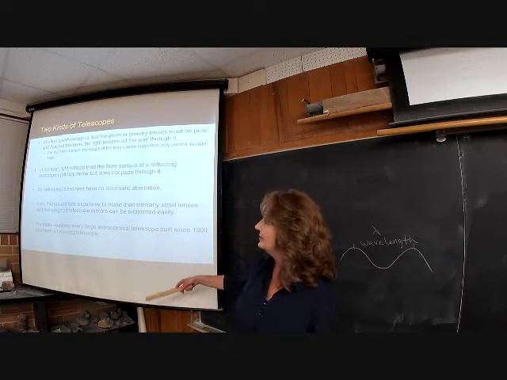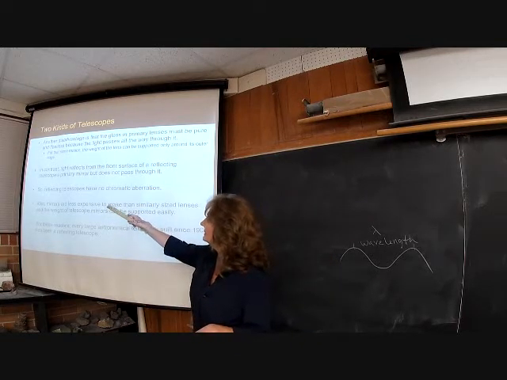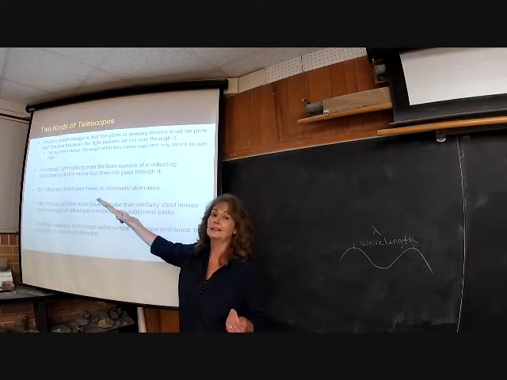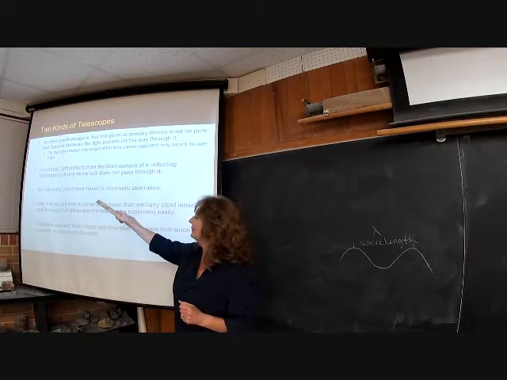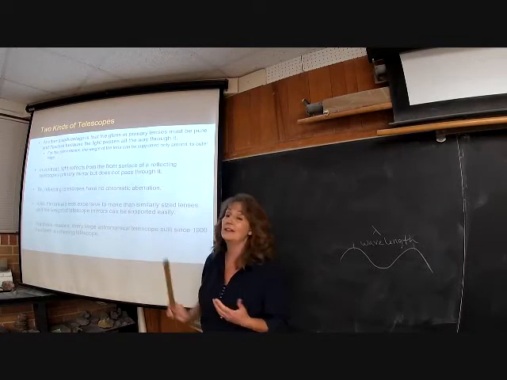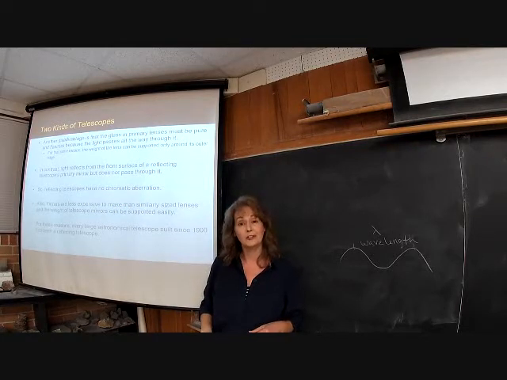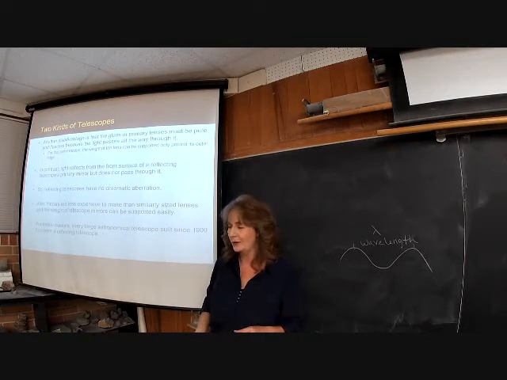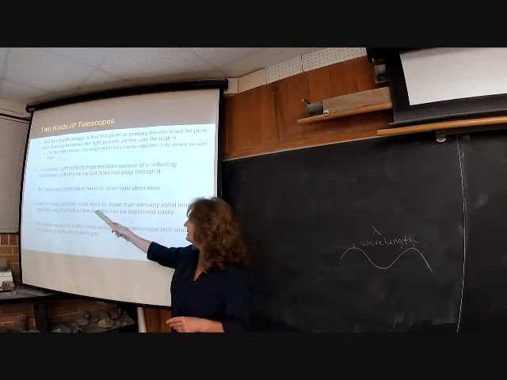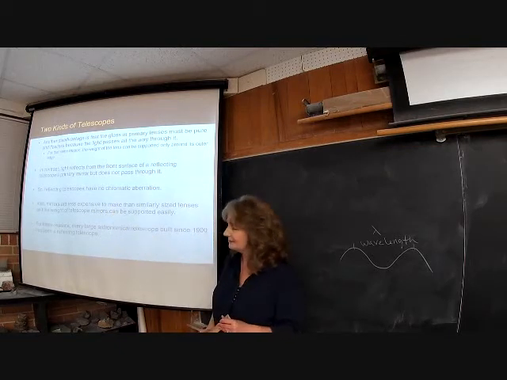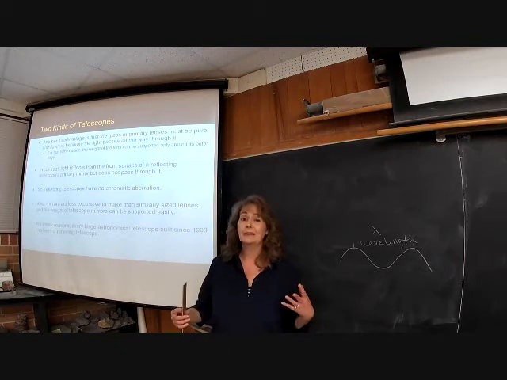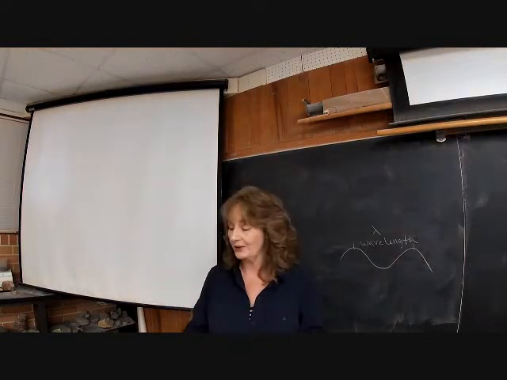So a great advantage of the reflecting is it's not bending the light, right? It's just bouncing it back. So they don't have a problem with chromatic aberration. That's a good advantage for it. And the mirrors, of course, are less expensive to make. Again, they like to make the largest that they can possibly afford.